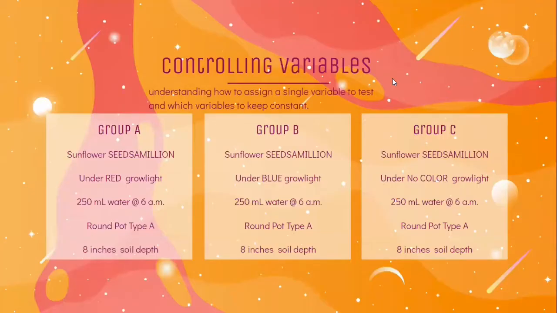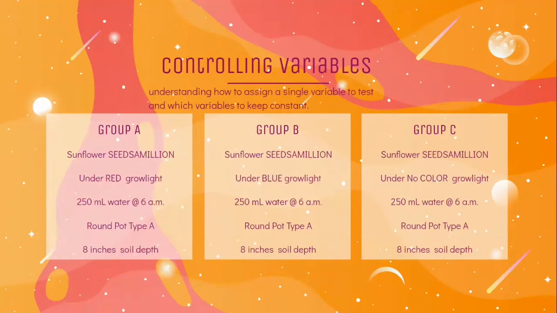And so the first integrated process skill we're going to talk about is one of my favorites, the controlling variables process skill. And so with this, the student would understand how to assign a single variable to test and only a single variable within an experiment, while keeping all the other possible variables constant, unchanged.